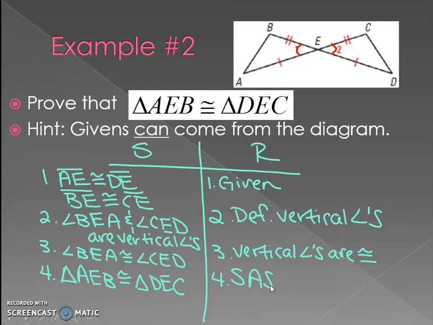So therefore, they are congruent because you have two sides and the angle that's included in between these two sides. And how do we prove that these two angles are congruent? Because they are vertical angles, the definition of vertical angles, and vertical angles are congruent. You need to prove that these two angles are congruent in order to use SAS.